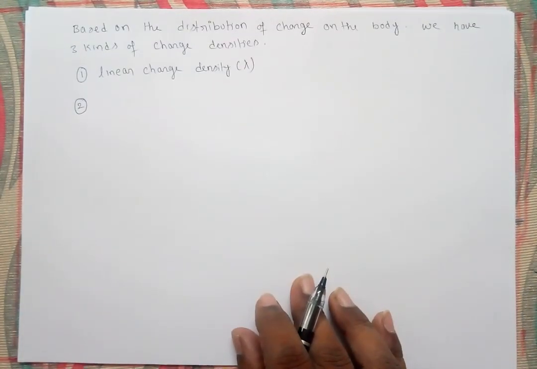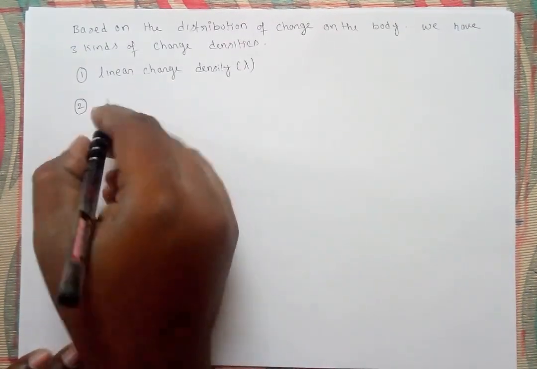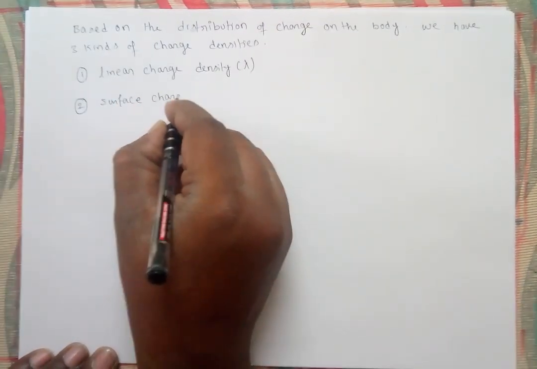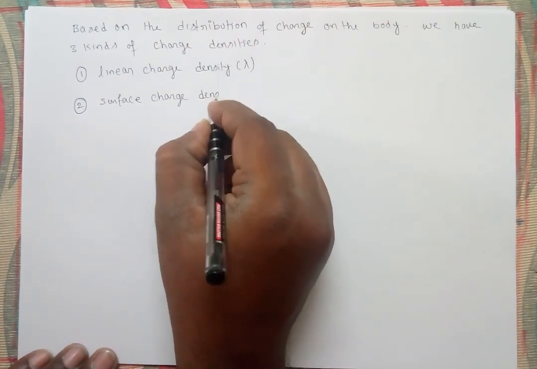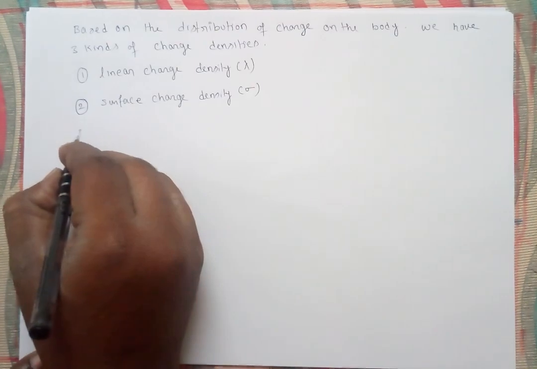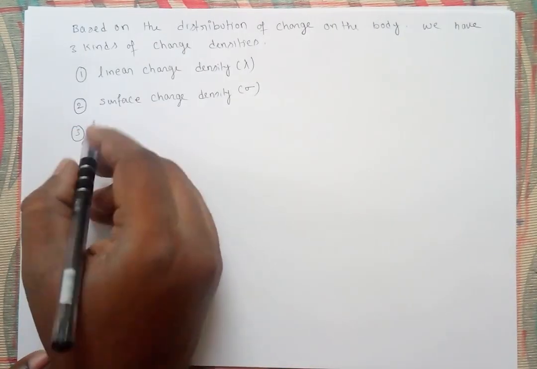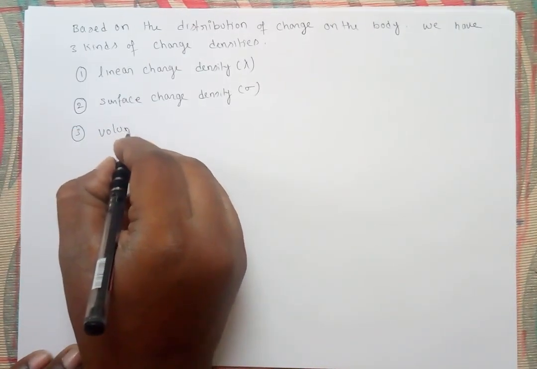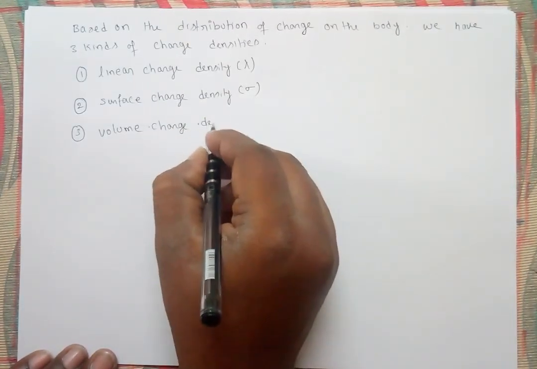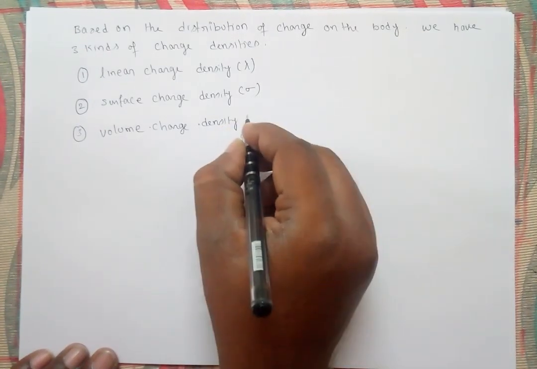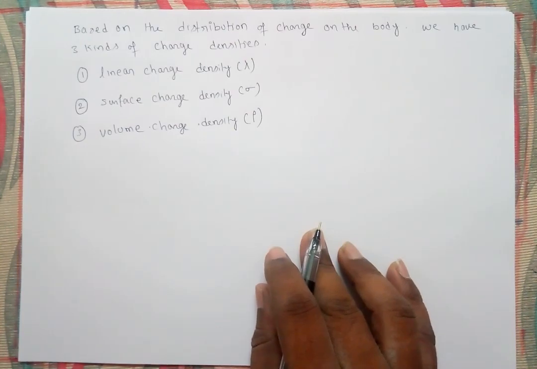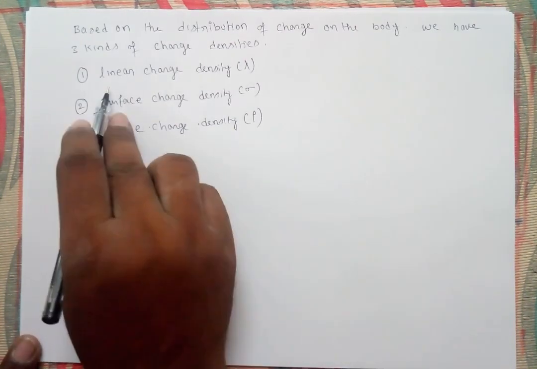Second one is surface charge density, sigma, and the third one is volume charge density, rho. Like that we have three kinds of charge densities. First, linear charge density.